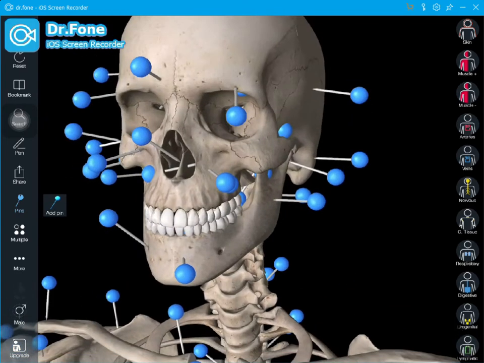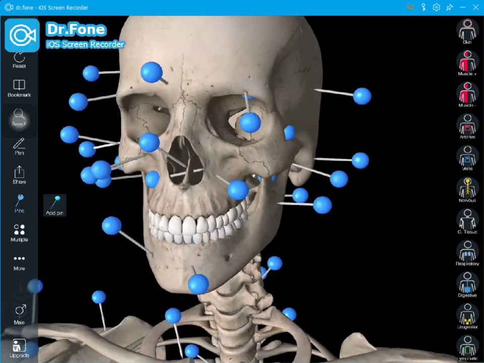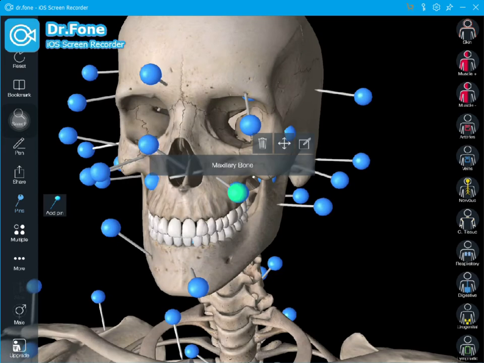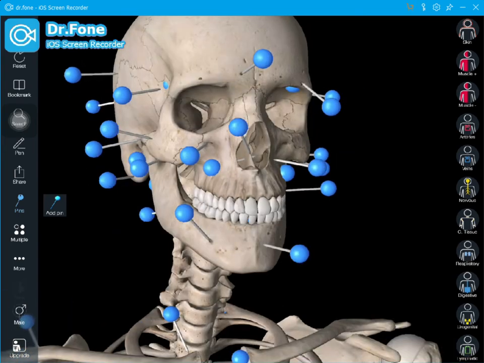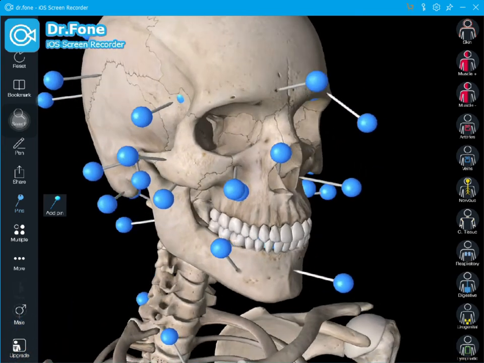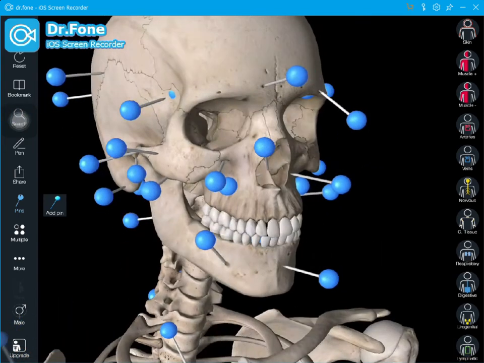Supraorbital margin. This is your maxillary bone. Infraorbital margin. Infraorbital foramen.